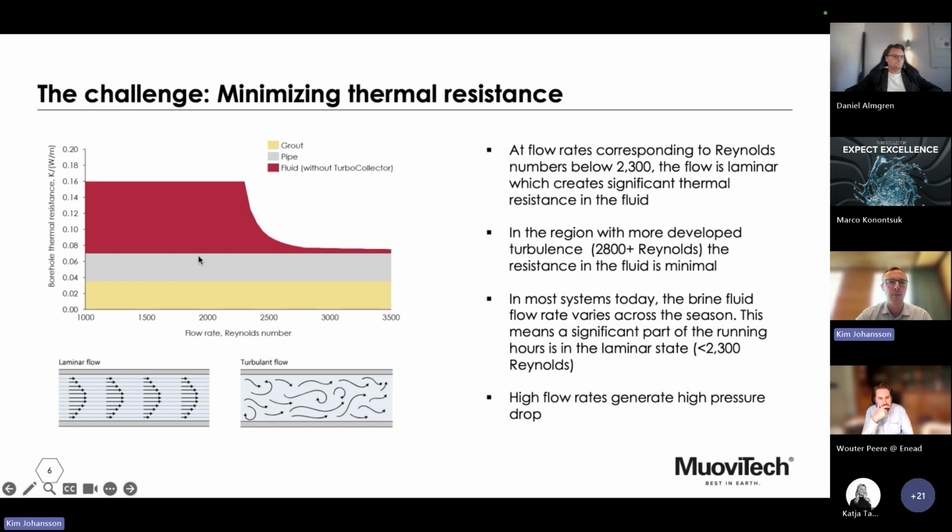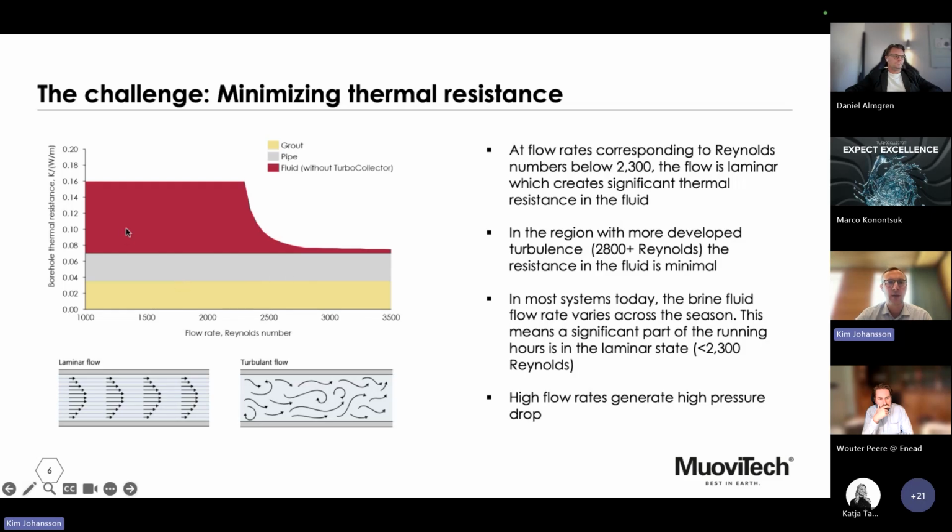And above that, we have a gray field that we refer to as pipe. And these two are the resistances for the grout and pipe, of course. But what's interesting to see in the graph is that these two resistances are constant. So if we increase the flow rate or the Reynolds number, we can't affect the borehole resistance in these two sections.